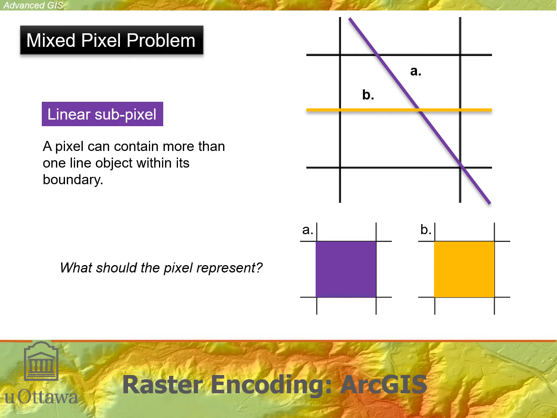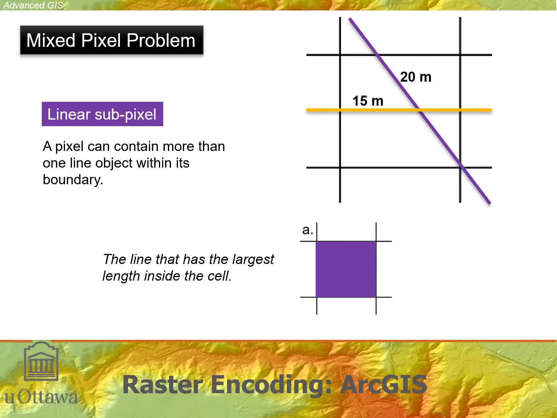Again, we can come up with a rule very similar to the largest share rule that we looked at with the previous case. So if we look at these lines, one is 20 meters in length and one is 15 meters of length within that cell. So we could choose to represent the line that has the largest length inside the cell.